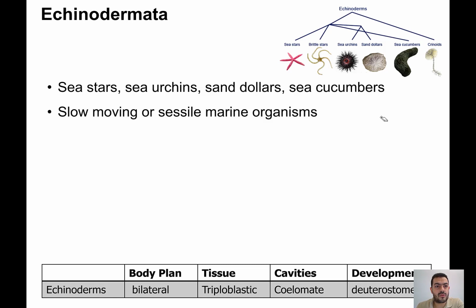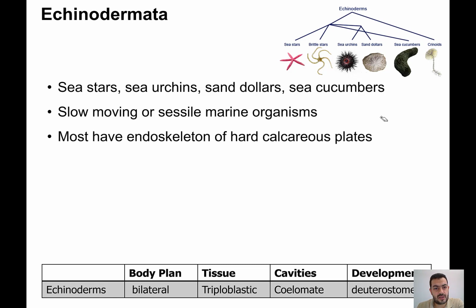As you can see, they are slow-moving or sessile marine organisms, characterized by having an endoskeleton of hard calcareous plates. They are slow-moving, and the way they protect themselves from predators is by having this hard endoskeleton made of calcareous plates providing the protection.